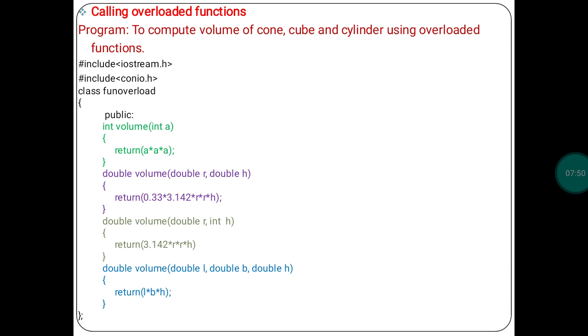So I will directly take public int volume(int a). First int is the return type specifier, volume is the function name, int a is the argument list. So the first function has only one argument, of int type.